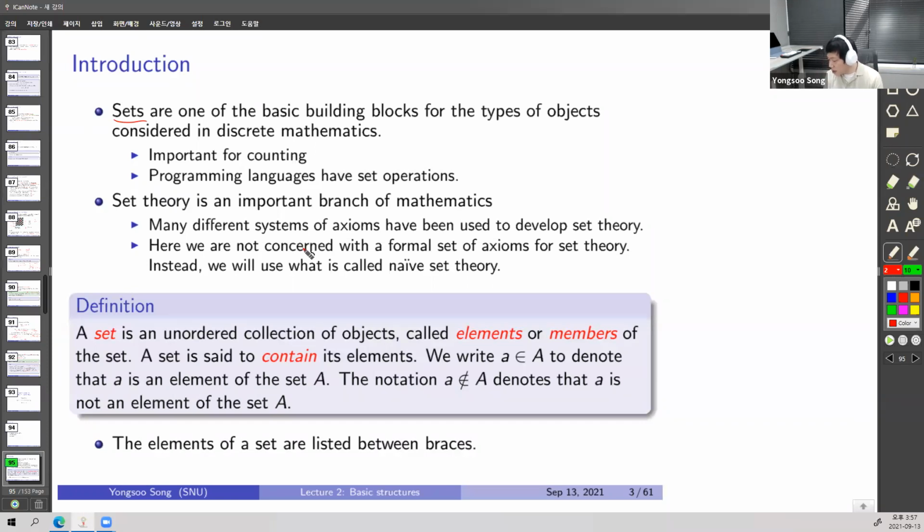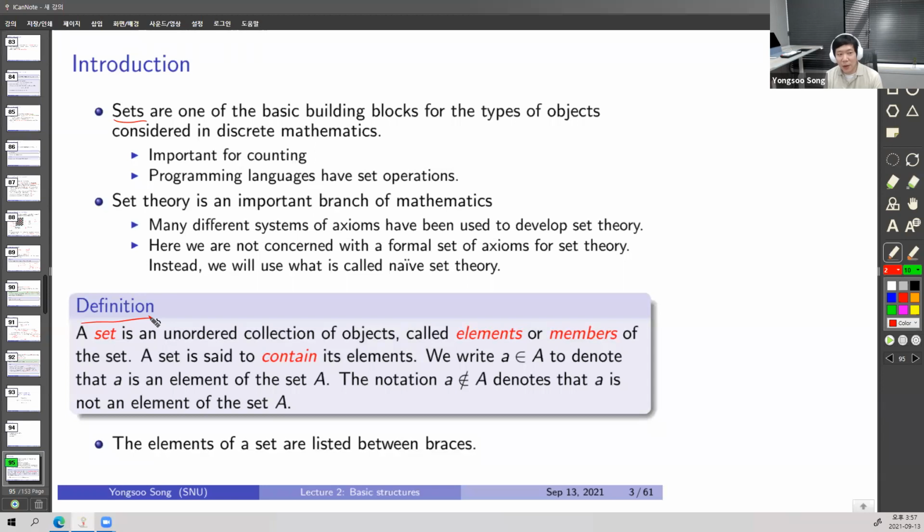There are many different systems of axioms for set theory, and we are not concerned much about a formal definition or formal set of axioms, but instead I will just use naive set theory based on some very elementary set of axioms. In fact, even defining what a set is is a very challenging issue. It was a very actively discussed issue in the math community until the 19th century.